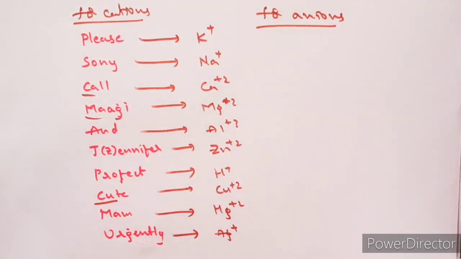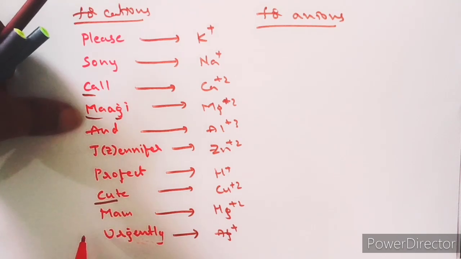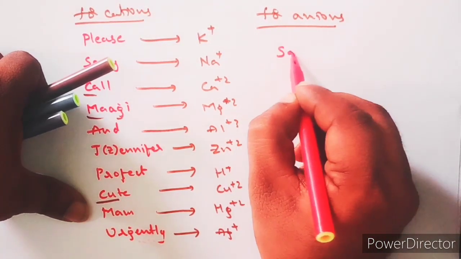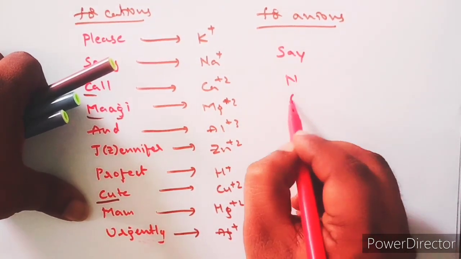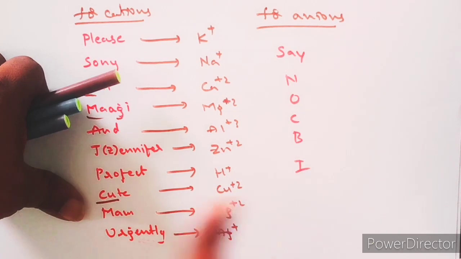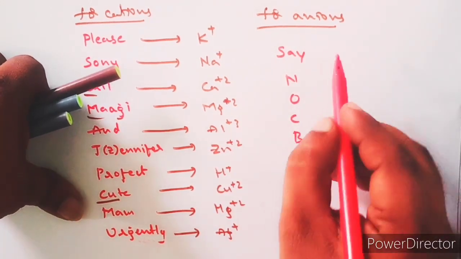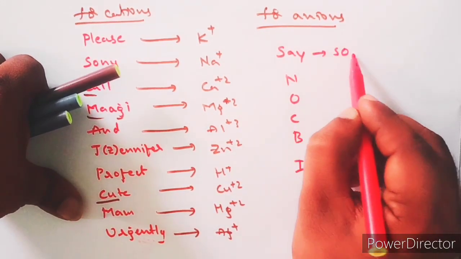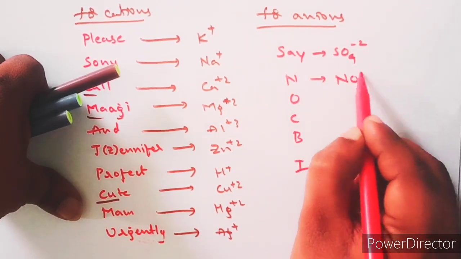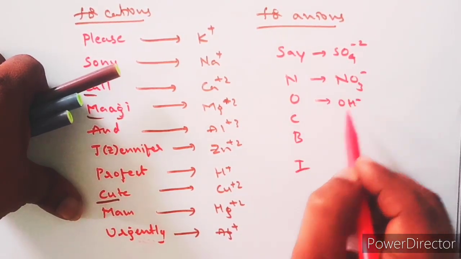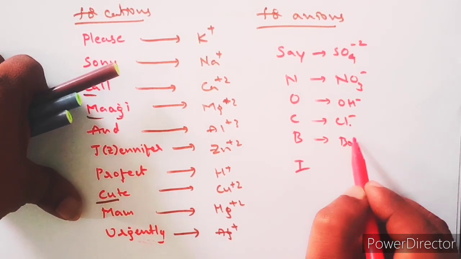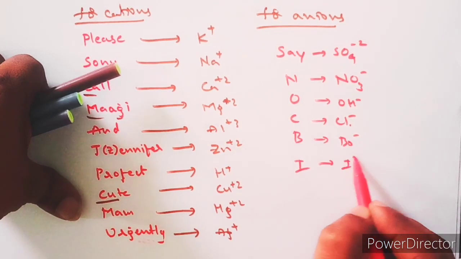So please Sony, call Maggie and Jennifer to protect cute ma'am urgently. Say no CBI. We only have to protect; we should not inform CBI. No CBI: S, sulfate; N, nitrate; O, hydroxide; Cl minus, chloride; Br minus, bromide; I minus, iodide.